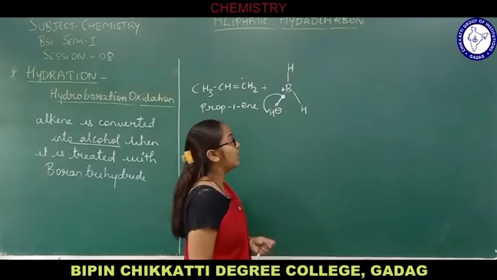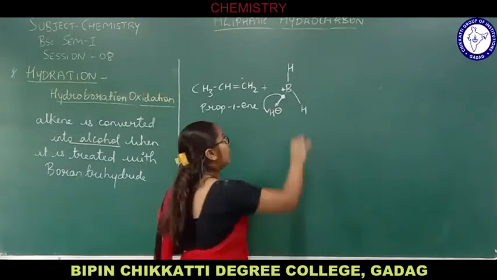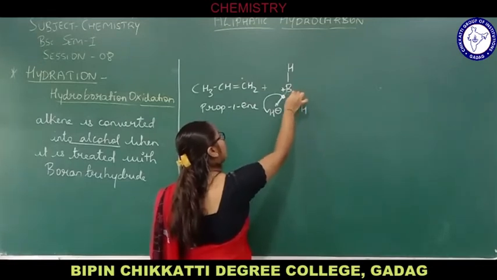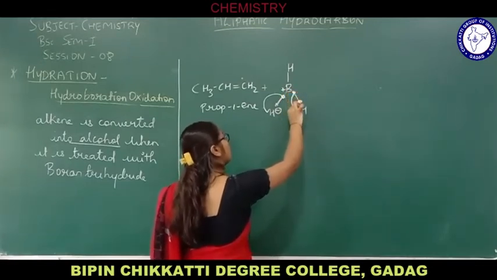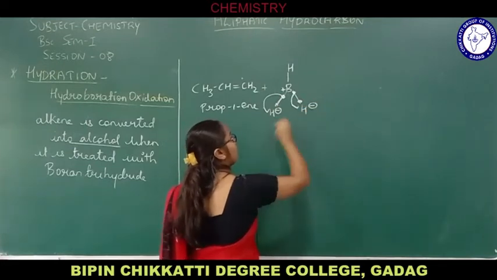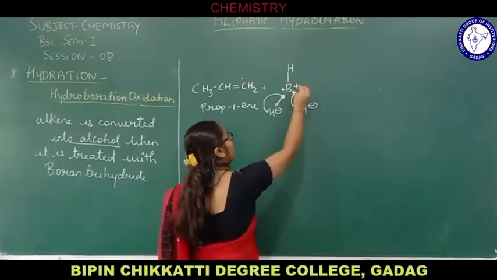The next step is also a similar one. Again the boron will give one electron towards the hydrogen, and the hydrogen will acquire a negative charge and boron will acquire a positive charge.